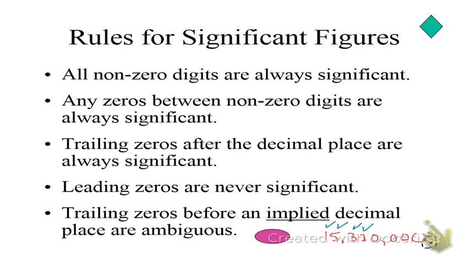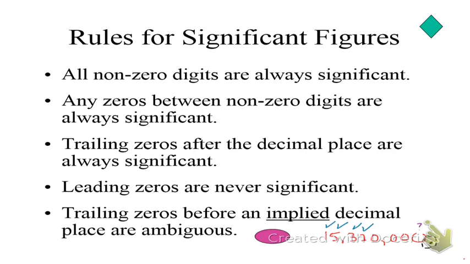In that case, if you're familiar with the word ambiguous, if somebody's being ambiguous, they're being wishy-washy. Ambiguity means it could go either way. We don't know if the uncertainty starts clear back here in the ones place.